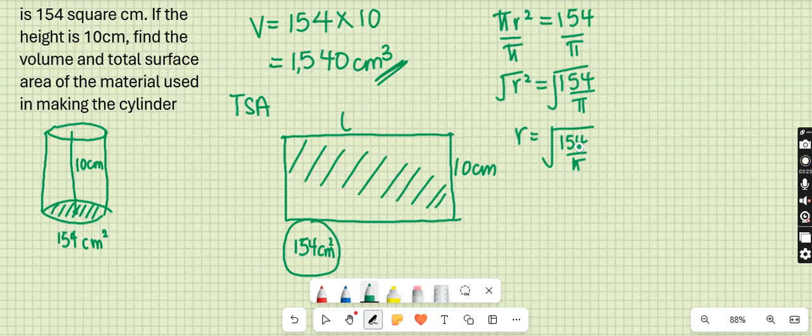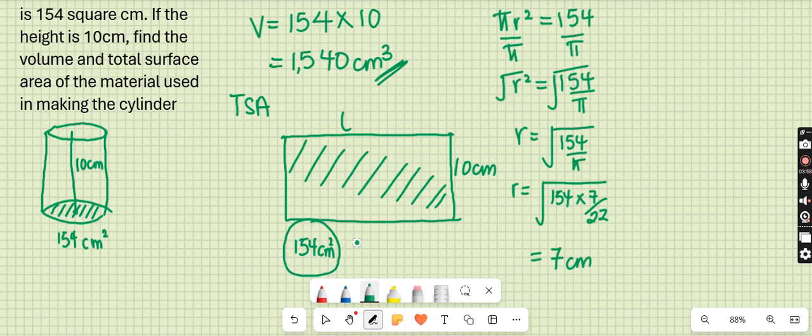If pi is 22/7, we are going to have the square root of 154 divided by 22/7, or times 7/22. If we compute this, it should give us exactly 7 centimeters. So the radius of this circle is 7 centimeters.